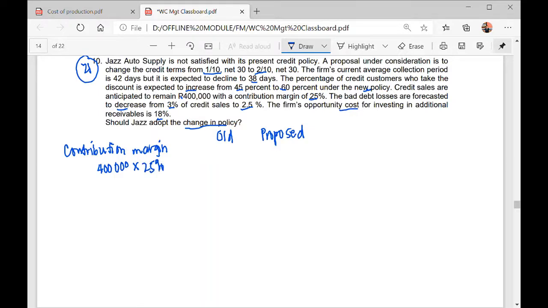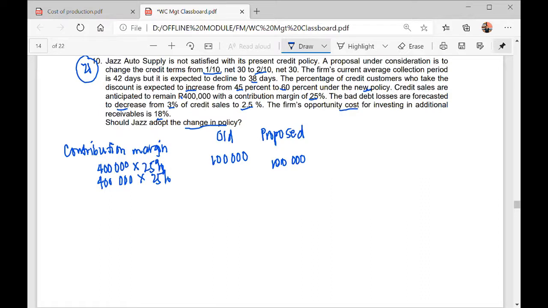So, the total is 100,000. In the proposed, will the sales change? With the new plan that changes the credit policy, will sales increase? Will it change? No. So, therefore, the contribution margin in the new is still the same, 100,000. So, there is no change.